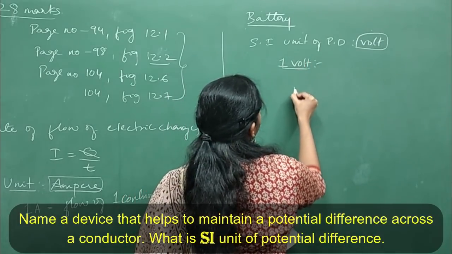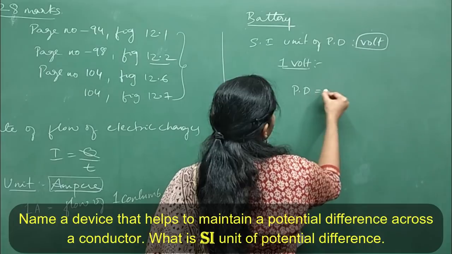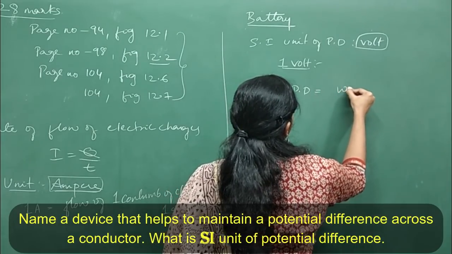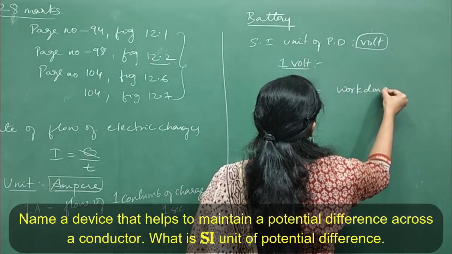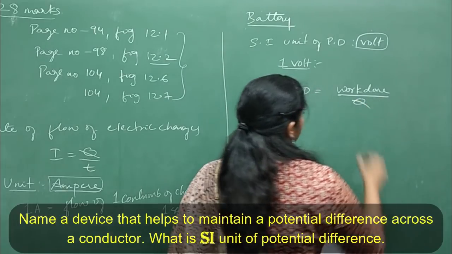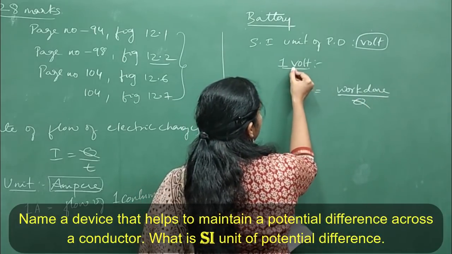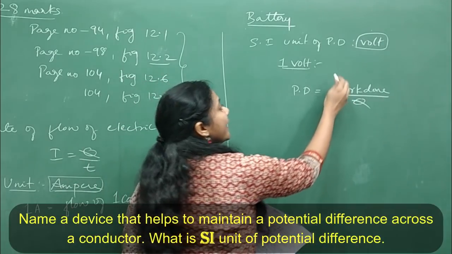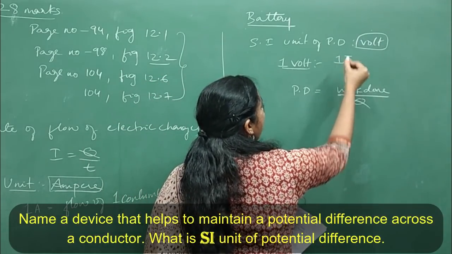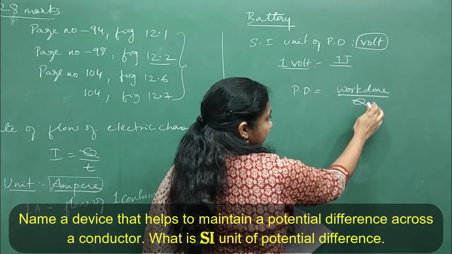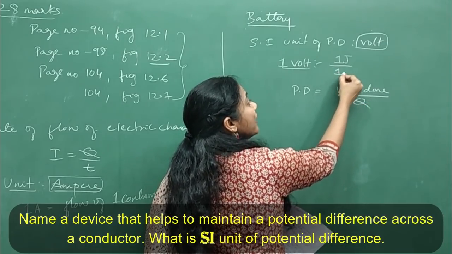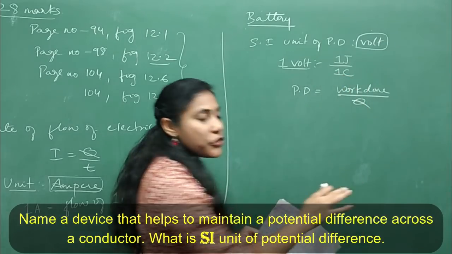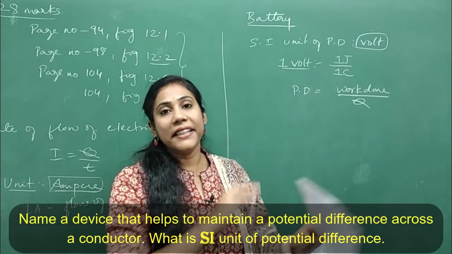So what is 1 volt? We all know potential difference is equal to work done divided by charge, that is Q. Right? So what can be a definition for 1 volt? It is when 1 joule of work is done to carry 1 coulomb of charge from one point to another point.